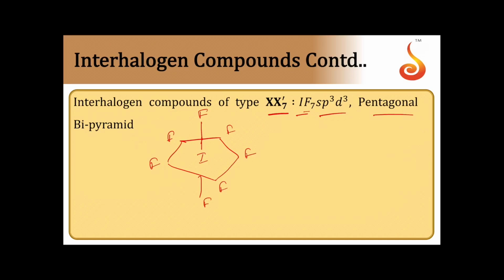So this will be a pentagonal bipyramid structure. No lone pairs, all of them are bond pairs, so sp3d3 hybridization we have.